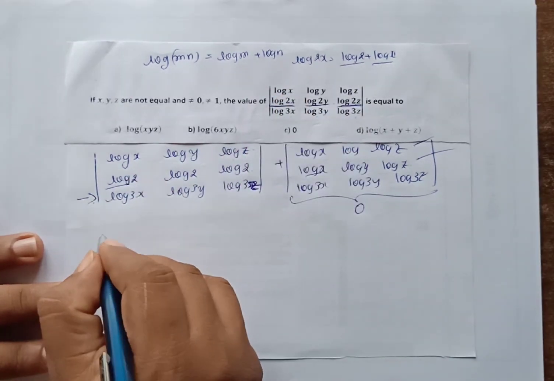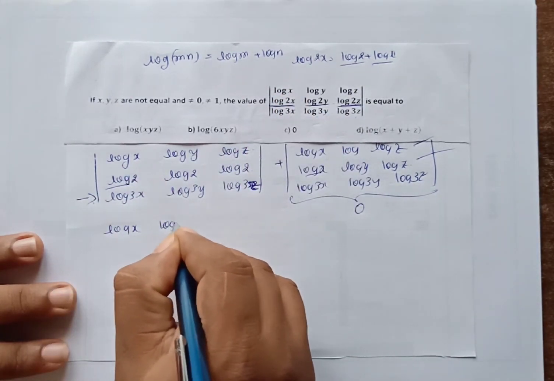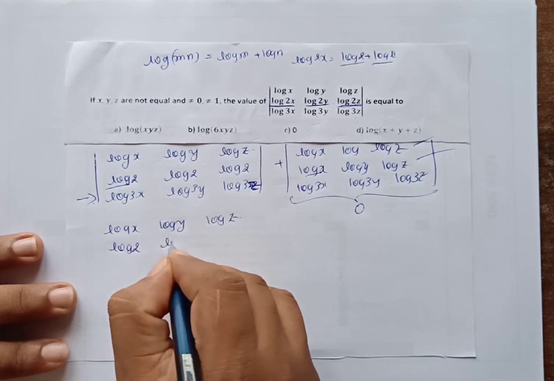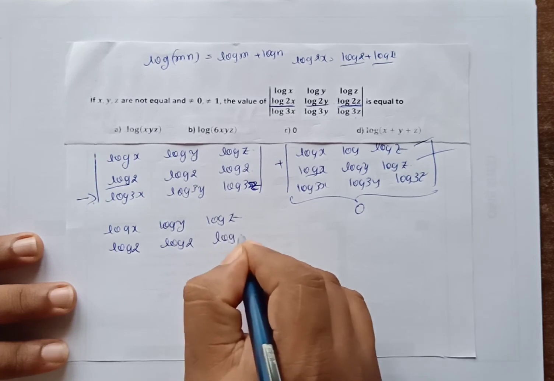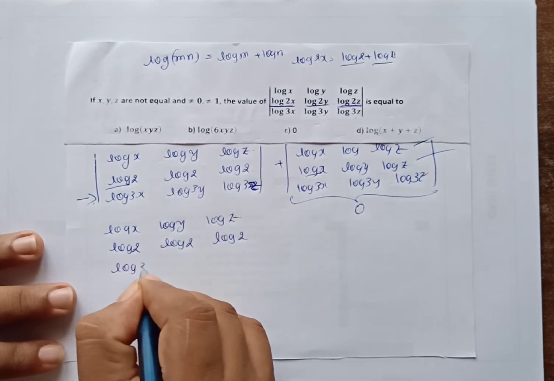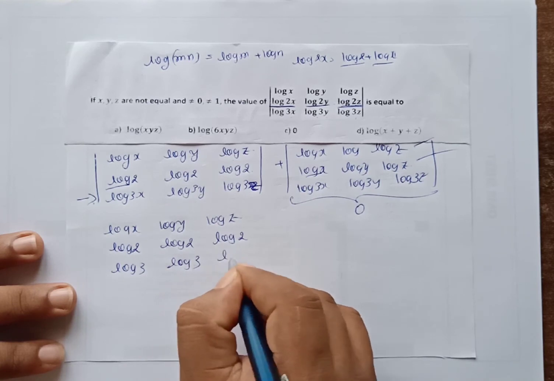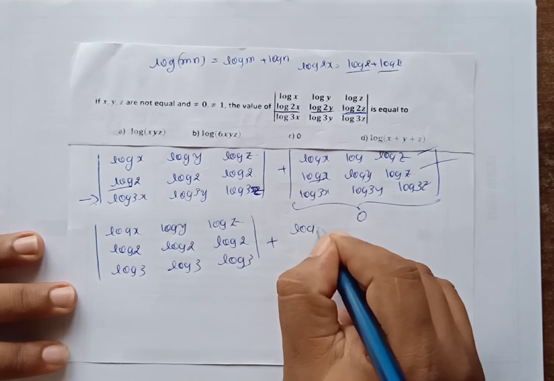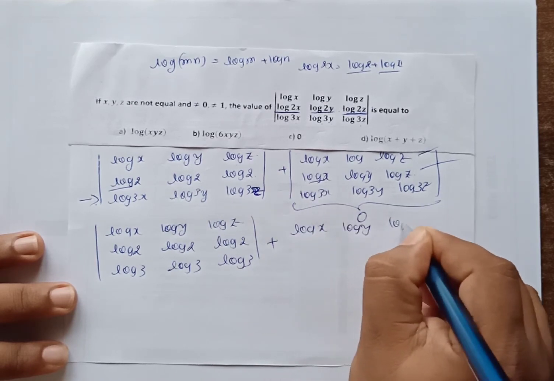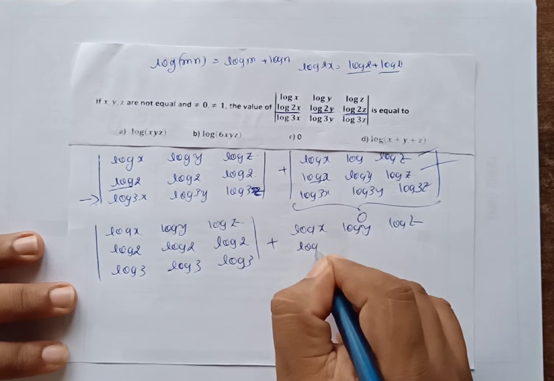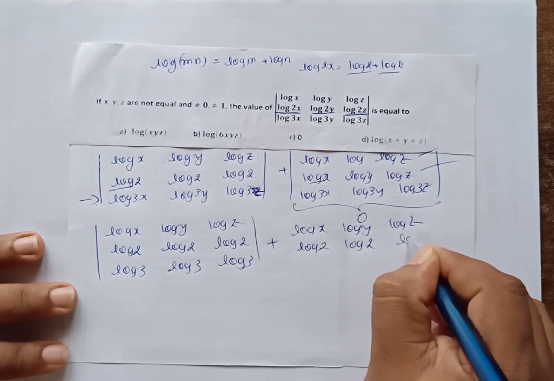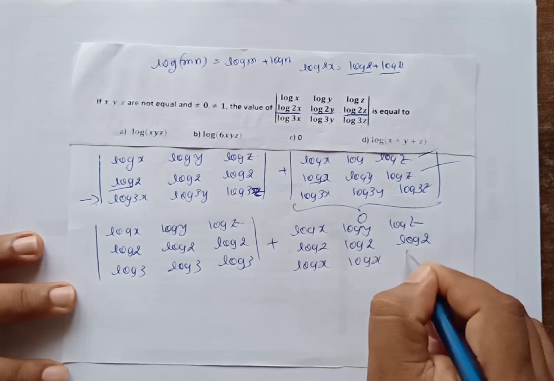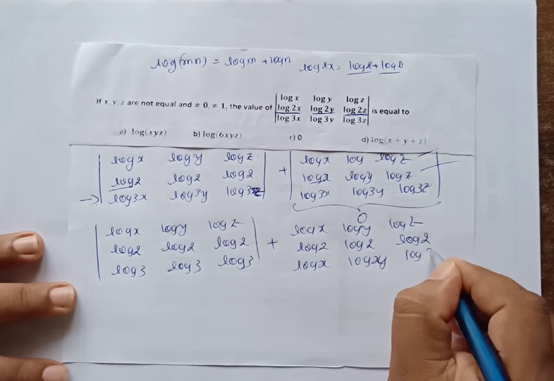Rows log x, log y, log z; log 2, log 2, log 2; log 3, log 3, log 3; plus R1, R2 same, log x, log y, log z, log 2, log 2, log 2, and then log x, log y, log z.